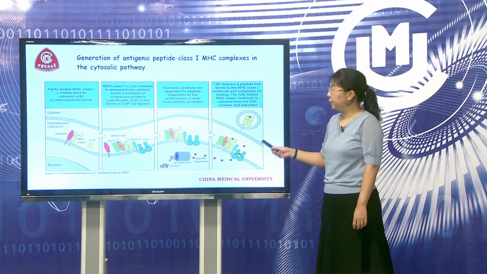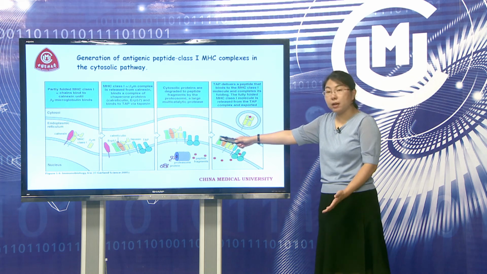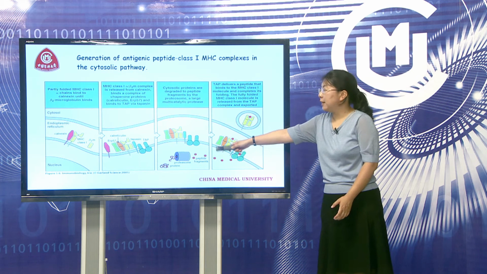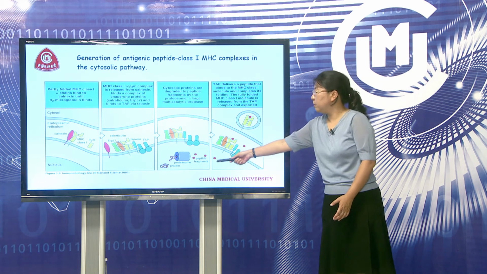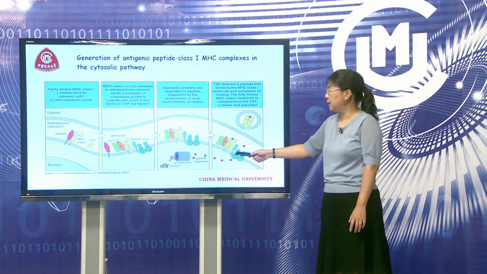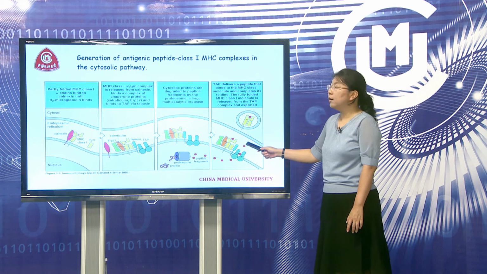So let's review. In the cytosol, the protein is marked with ubiquitin, right? And the proteasome will digest this protein into small peptides. This small peptide will pass through TAP, from the cytosol into the endoplasmic reticulum.